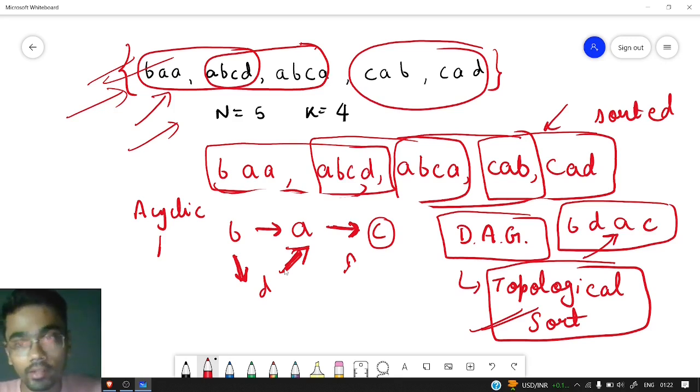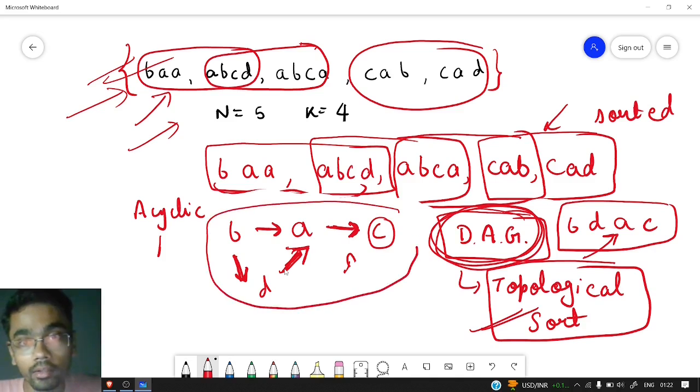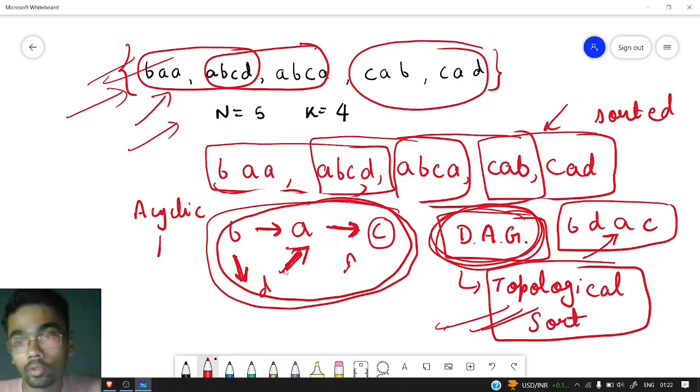So why are we using topological sort? Because we need to find some ordering of elements, and topological sorting is only valid in a directed acyclic graph. And by our observation, we figured out that yes, this is a kind of directed acyclic graph. So yes, we can apply topological sort. Now in this question, we are not going to discuss topological sort in very much detail.